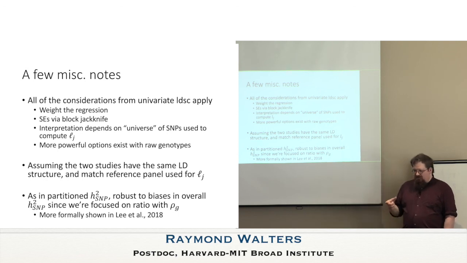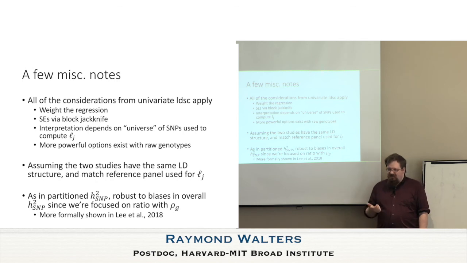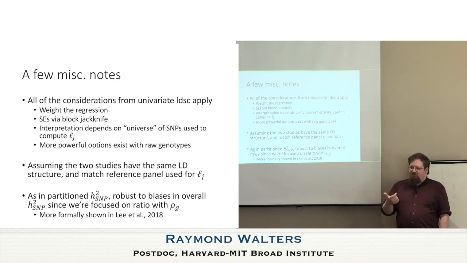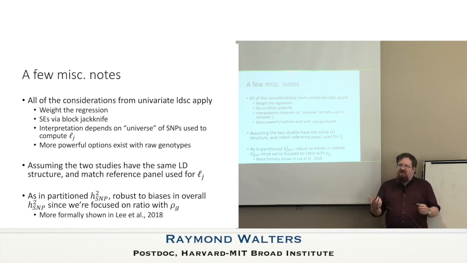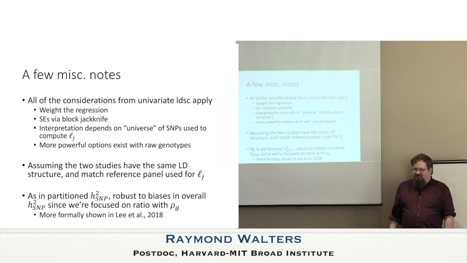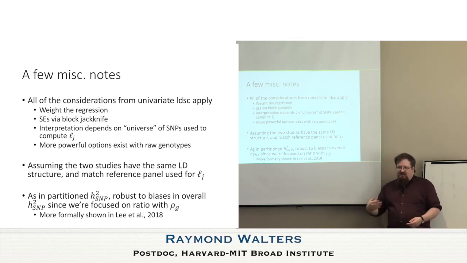In thinking about the correlation between a pair of phenotypes, because that statement is going to be standardized out by our statement about total SNP heritability, if we've done something in the course of how we've arrived at the LD score derivation that biased those heritabilities a bit, or ends up being a little weird in terms of how we've chosen a universe of SNPs, when we make this correlational statement about the correlation between the genetic effects, the things that just equally apply to heritability kind of standardize out of what we end up with in terms of looking at the correlation. And so we're at least a little more robust to violation of those assumptions.